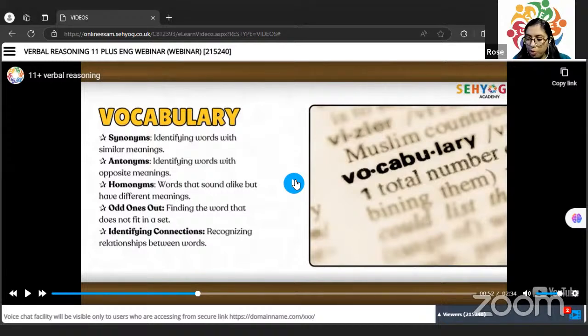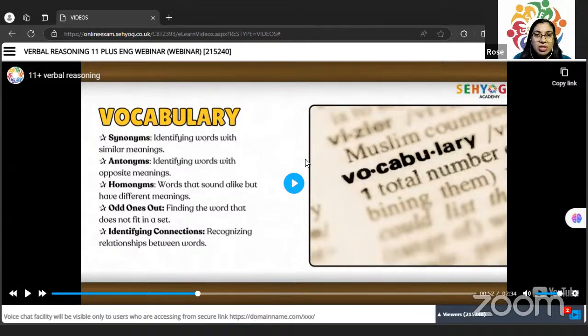Sometimes there will be a group of words, like let's say rain, cloud, sun, and umbrella. Which word is the odd one out? Can you all text me in the chat? If I have rain, I have umbrella, I have clouds, I have sun. Which one word is actually the odd one out?